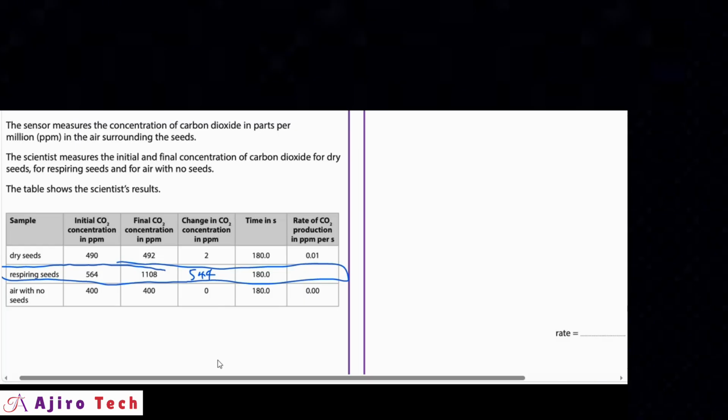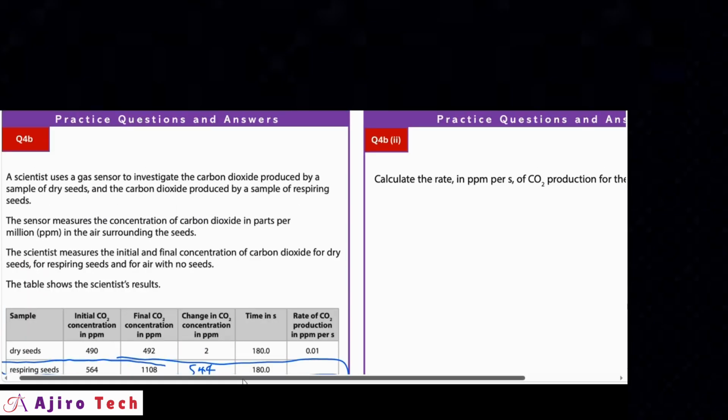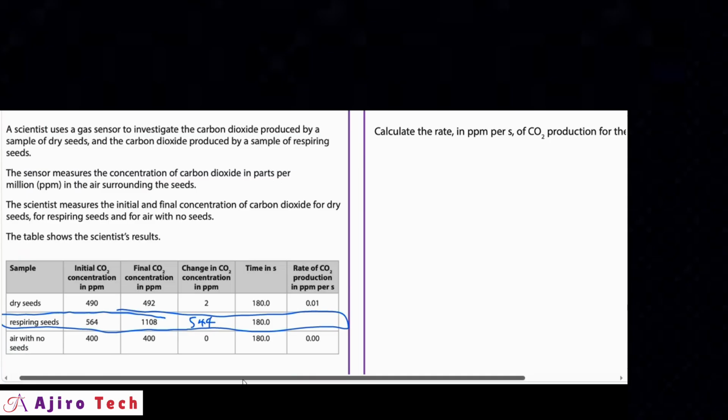Just say 544 divided by 180. We divide this with this. Do you understand? Divide this with this. So that's how you get your rate.